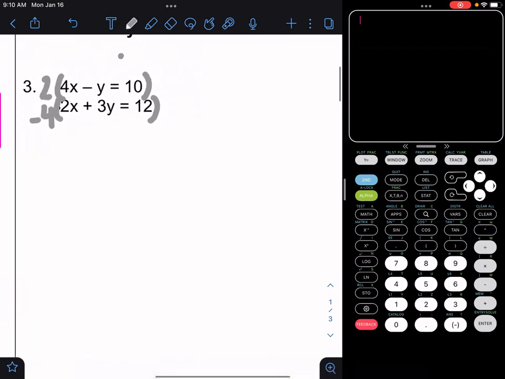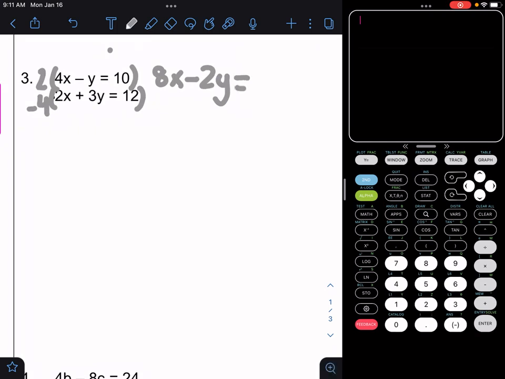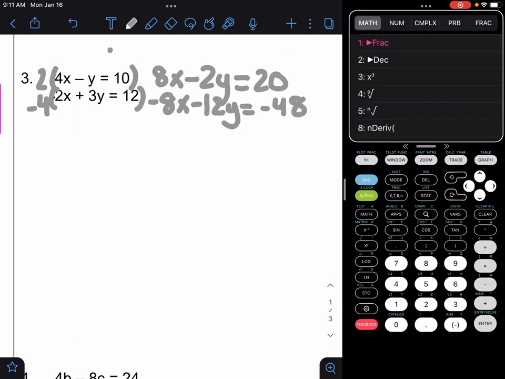2 times 4x is 8x, 2 times negative y is negative 2y, and 2 times 10 is 20. Then negative 4 times 2x is negative 8x, negative 4 times 3y is negative 12y, and negative 4 times 12 is negative 48. Alright, let's solve this.